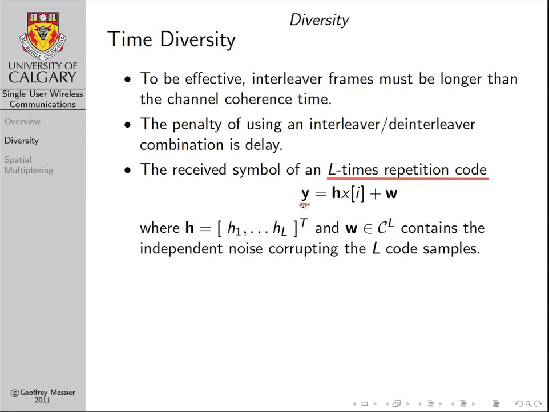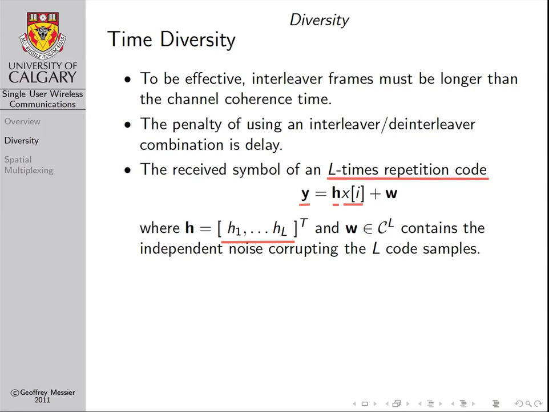And so this vector of received signal samples is equal to the transmitted information symbol. There's only one transmitted information symbol, and it was repeated L times, multiplied by a vector h, and h contains all of the different fading values corrupting all of the different copies of the transmitted signal.